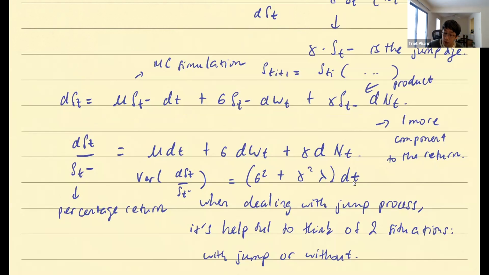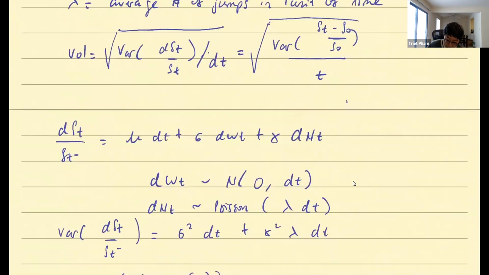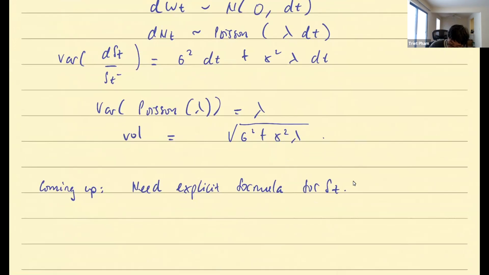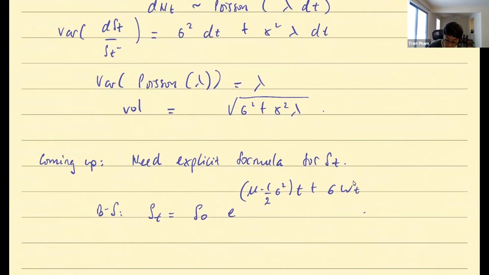Because with Black-Scholes, I have ST to be S0, something like this. Now, with jump, how does that work?